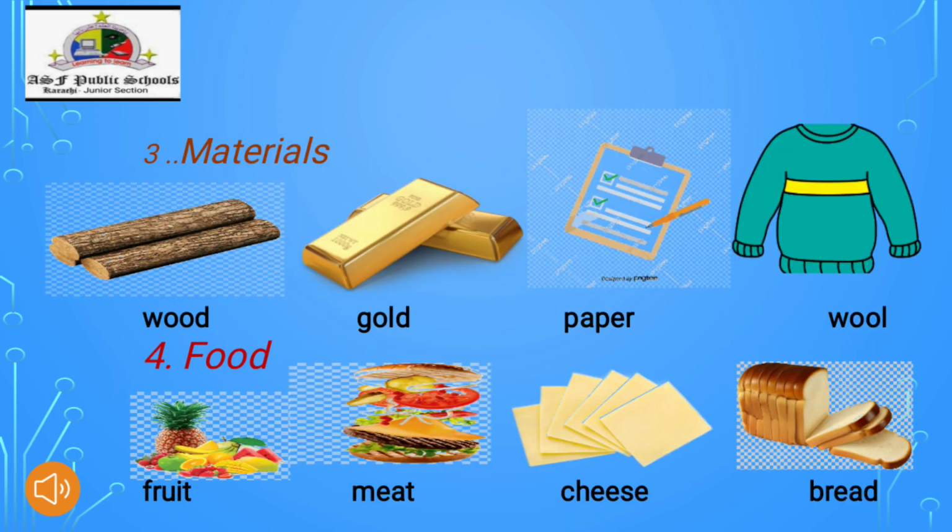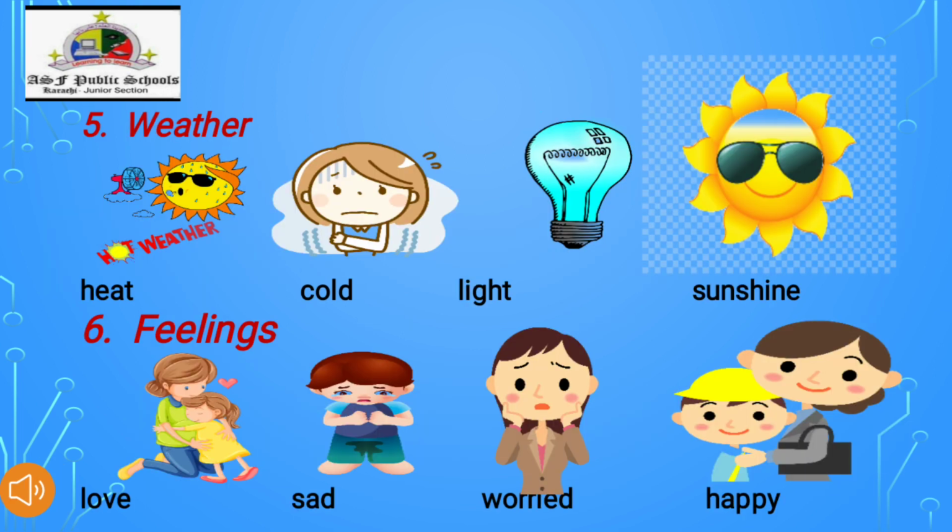Materials: wood, gold, paper, wool. Food: fruits, meat, cheese, bread. Now weather: heat, cold, light, sunshine.